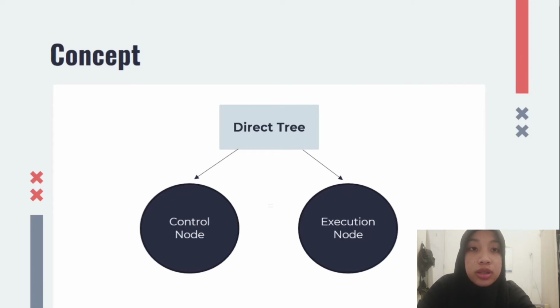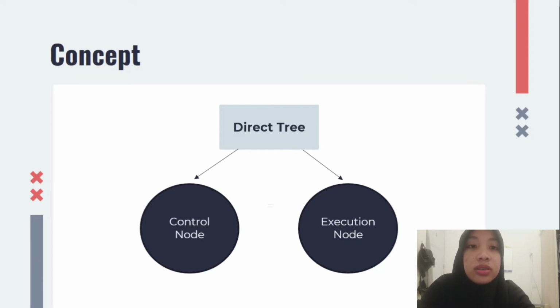When the execution of a node in the behavior tree is allowed, it returns to the parent a status: running if its execution has not finished yet, success if it has achieved its goal, or failure otherwise.